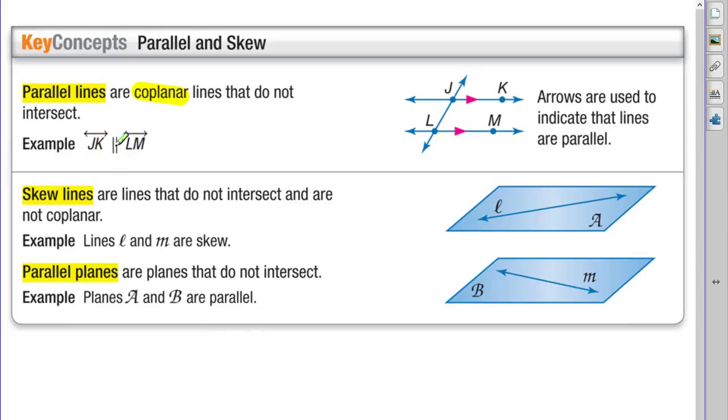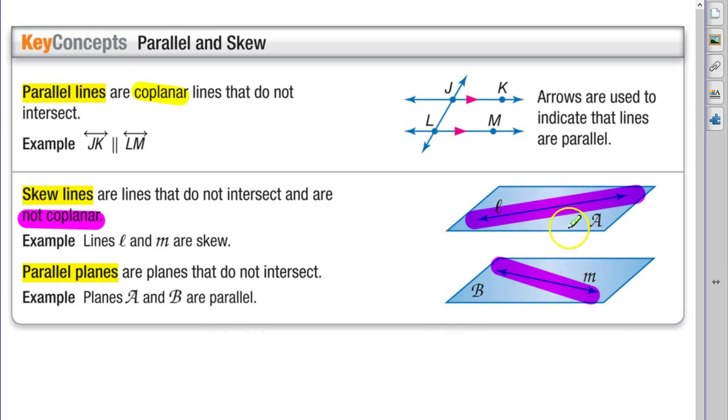Skew lines are not coplanar, and they do not intersect. So the big difference between parallel lines and skew lines is that parallel lines are in the same plane. Skew lines are not in the same plane. So, for instance, they've got line L here and line M here, and neither of those are parallel because they're in different planes.